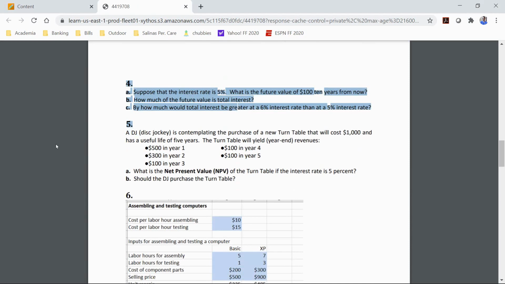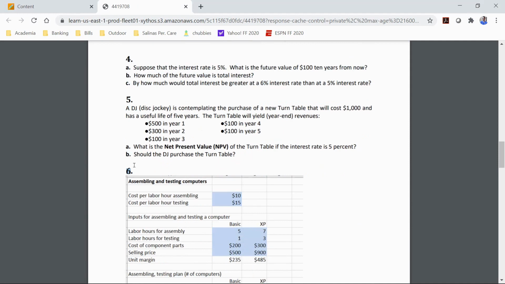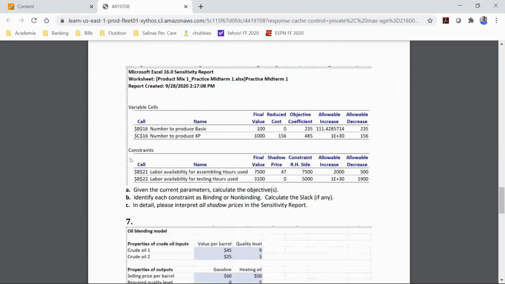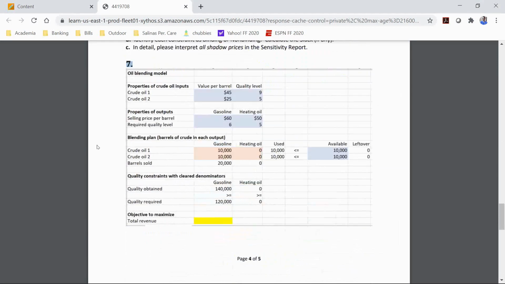And then number 6 is on the basic and XP computers, including some of the shadow price and constraints. And the last one, number 7, is on the last one we just did, example 4.4, the oil and heating oil one, where we'll again talk about the constraints and the shadow prices.